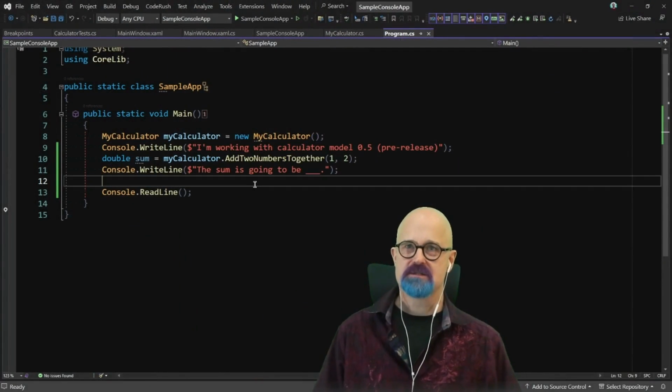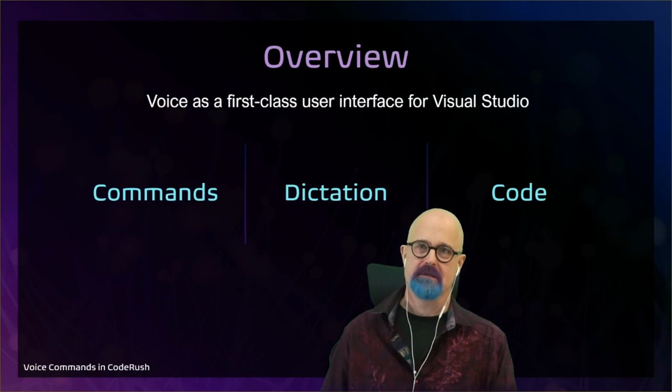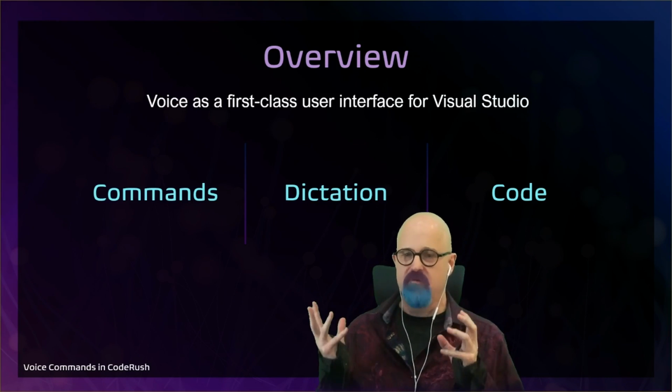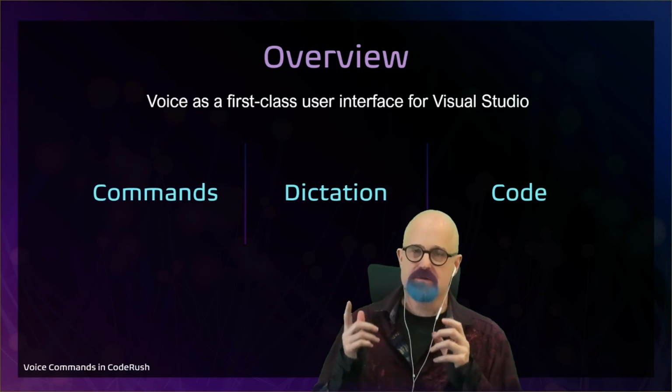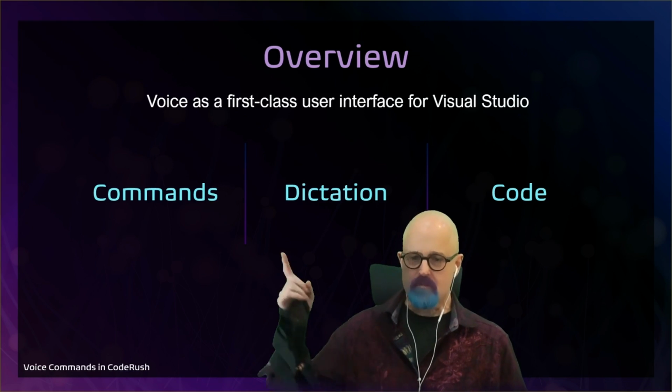All right. So let's see what we're talking about. Let me bring up just some slides really quickly, and we're going to give you an overview of this. So we're talking about using voice as a first-class user interface element inside of Visual Studio.